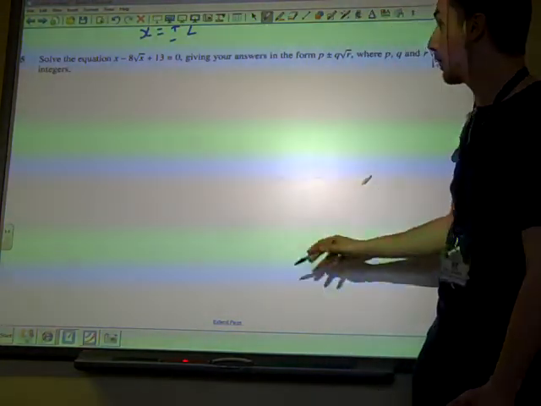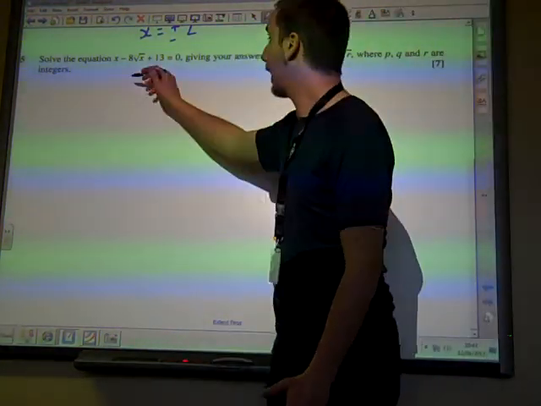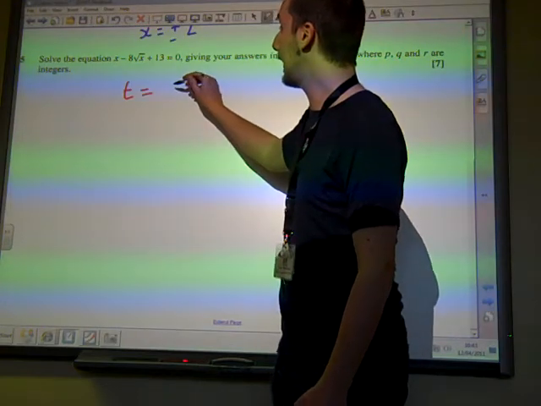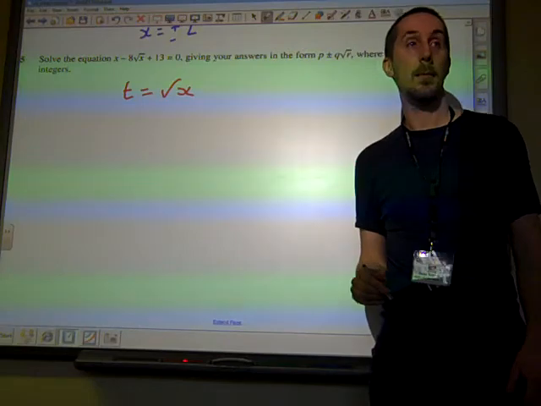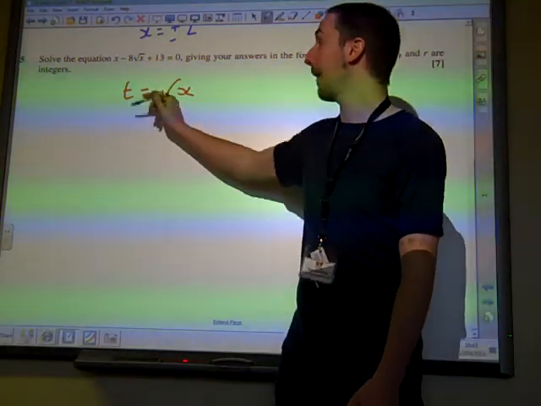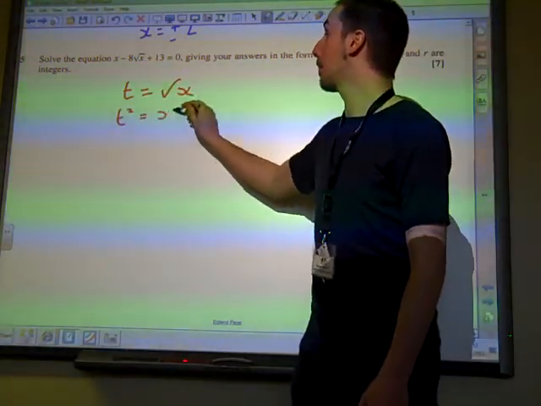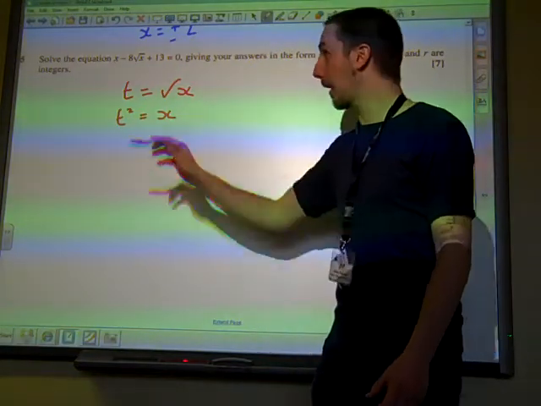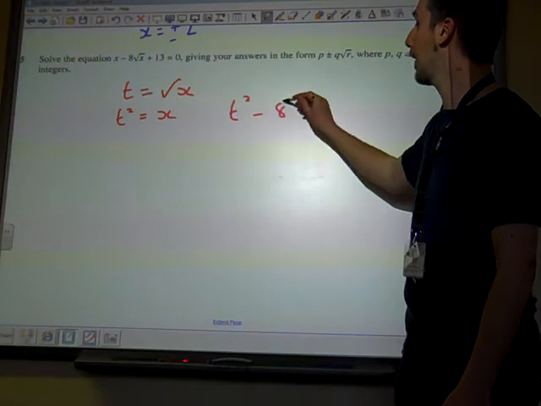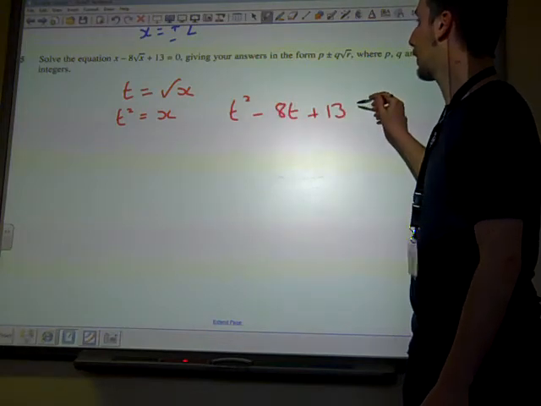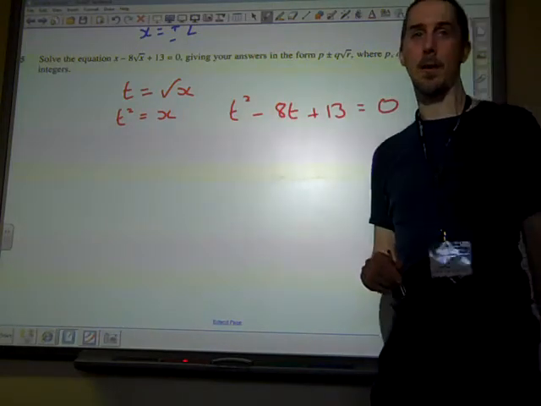So we're going to do our substitution, and we're going to let whatever letter we like, t equal root x. Okay, because that's that power, t squared then must be x. So we're going to replace our x term. We're going to get an equation that now says t squared minus 8t plus 13 is 0.